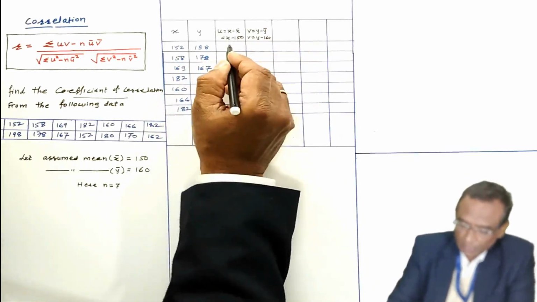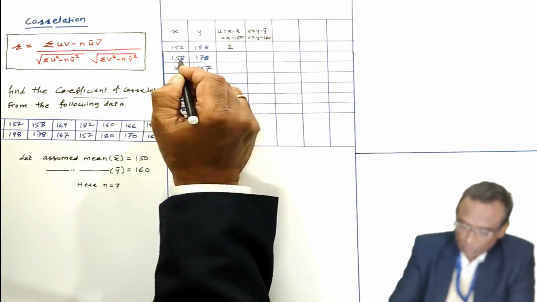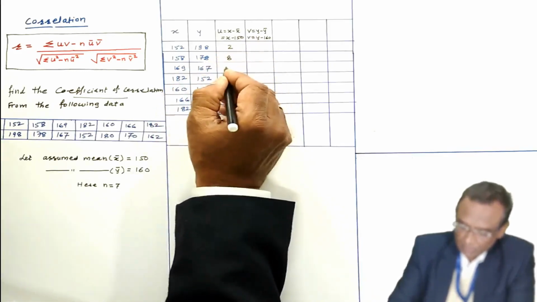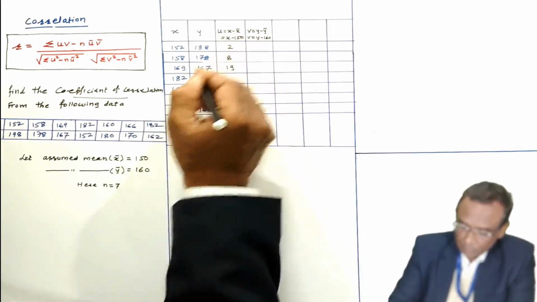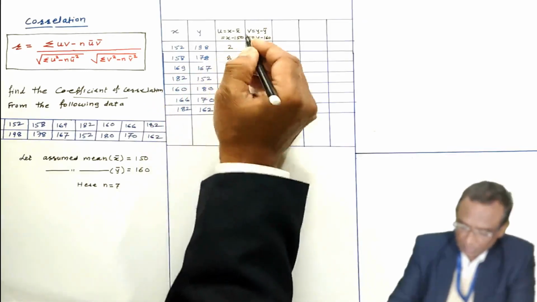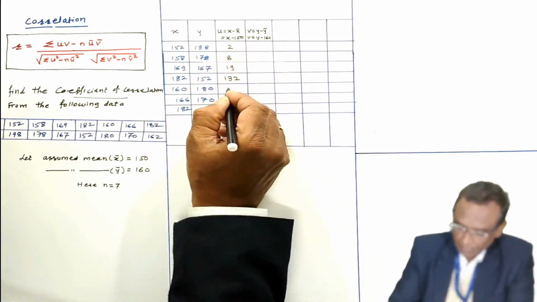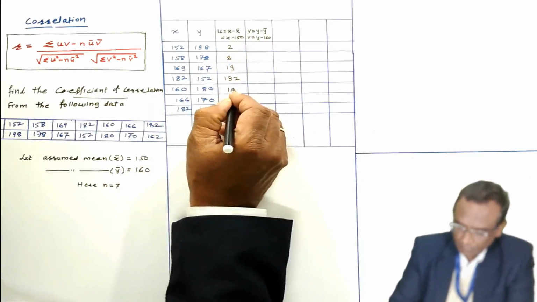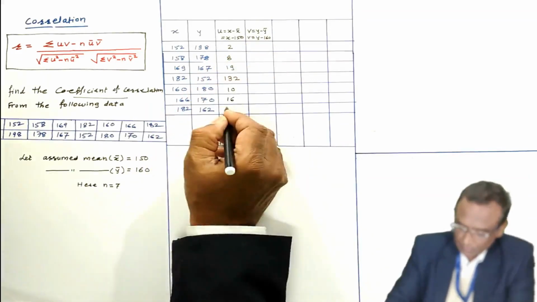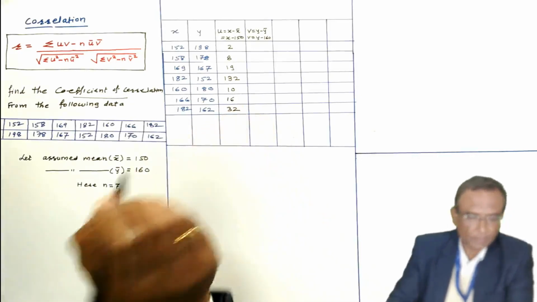Now 152 minus 150 is 2, 158 minus 150 is 8, 169 minus 150 is 19, 182 minus 150 is 32, and so on. Okay, this way.